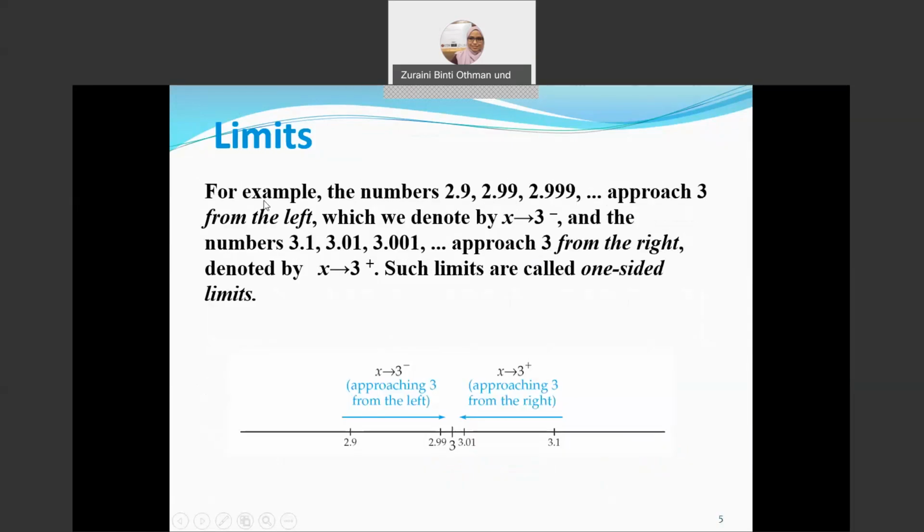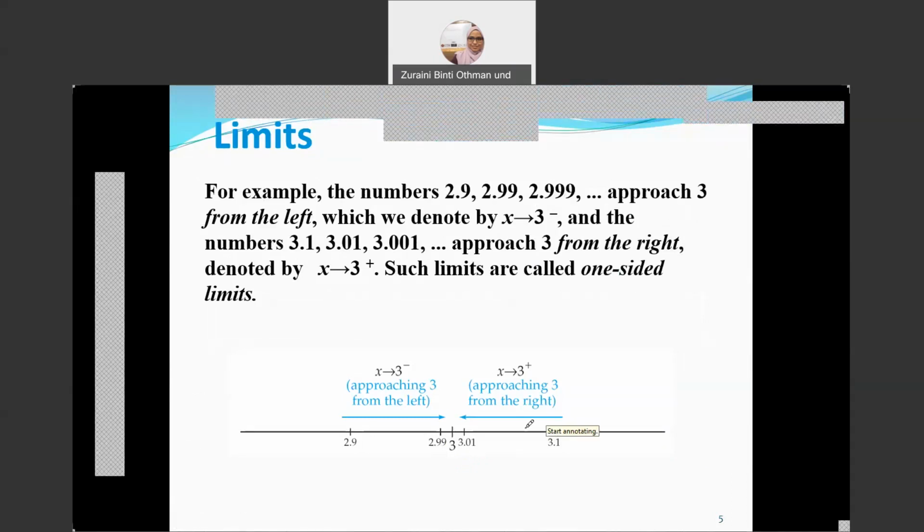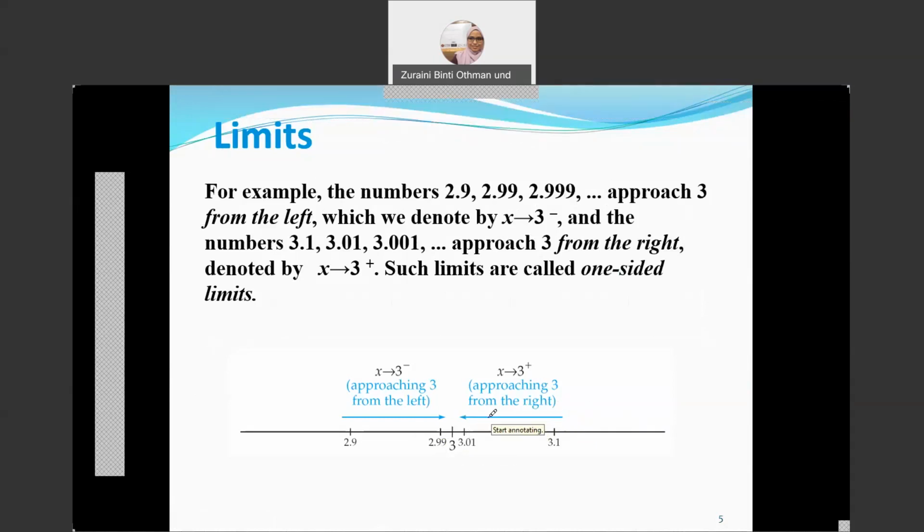Then for example, the number 2.9, 2.99 approaching 3 from the left. This is how they illustrate macam ni lah. Maksudnya semakin dia menghampiri titik 3 tu, nilai dia menghampiri 3.